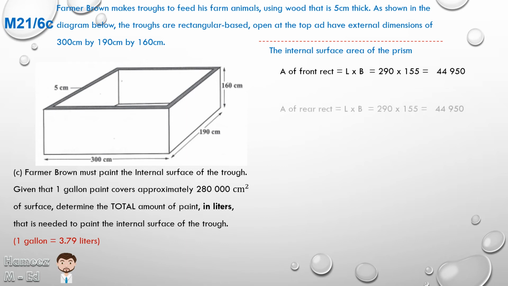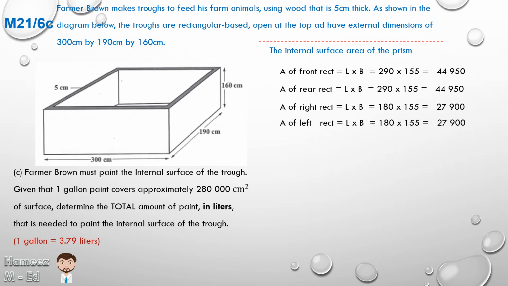The area of the rear rectangle follows these exact values, 290 by 155, and it'll give us the same 44,950. For the rectangle on the right side, the area of the inside of it would be not 190, but 180 times 155, which is 27,900.